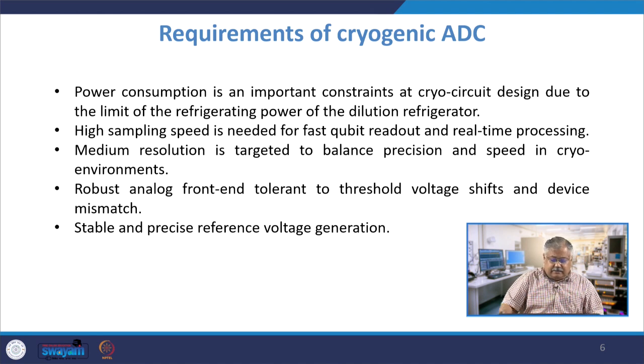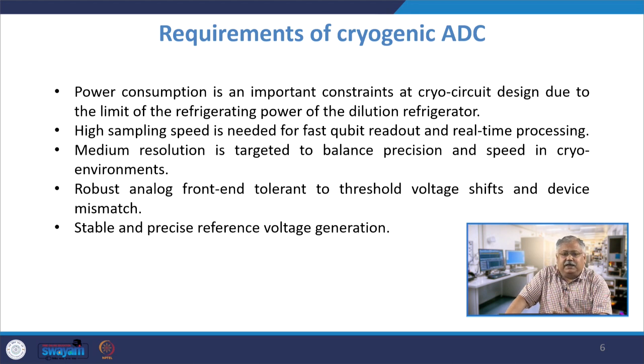Now, power consumption is, of course, as I discussed with you, the most important constraint in cryo circuit design. Why? Because you are doing refrigeration at very low temperature, and therefore your power budgets are very restricted. Moreover, if you remember, your qubits are changing, right, and you require very high sampling speeds in the readout circuitry to get a real time flavor of the state of the qubit. To do real time processing, you need to increase the sampling speed.